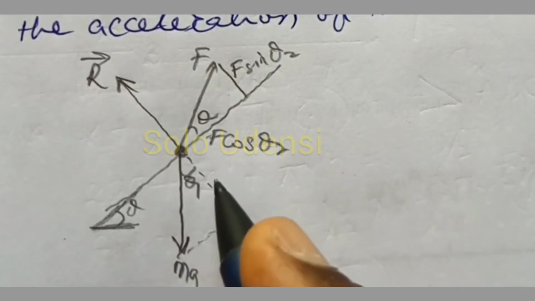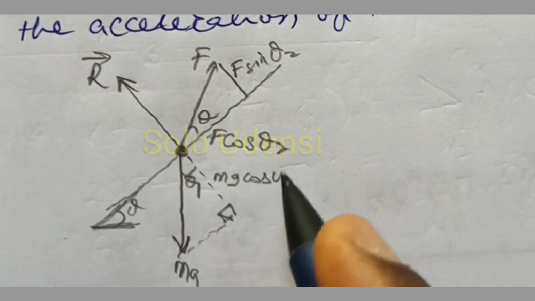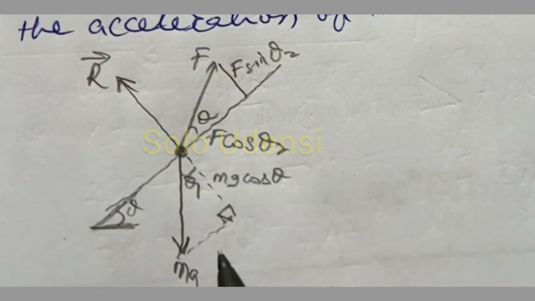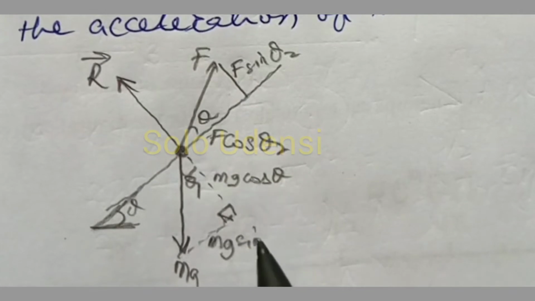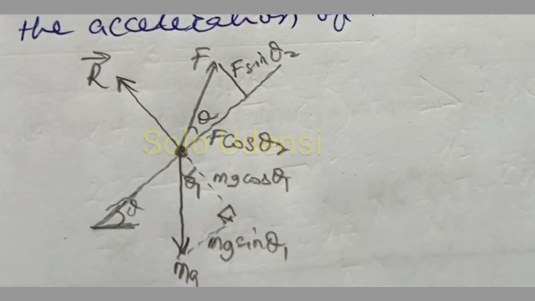So here also is mg cos θ1. You can see our video on SOHCAHTOA to see how these things are derived. Here is mg sine θ1, opposite to this angle. So we have put in all the necessary things.